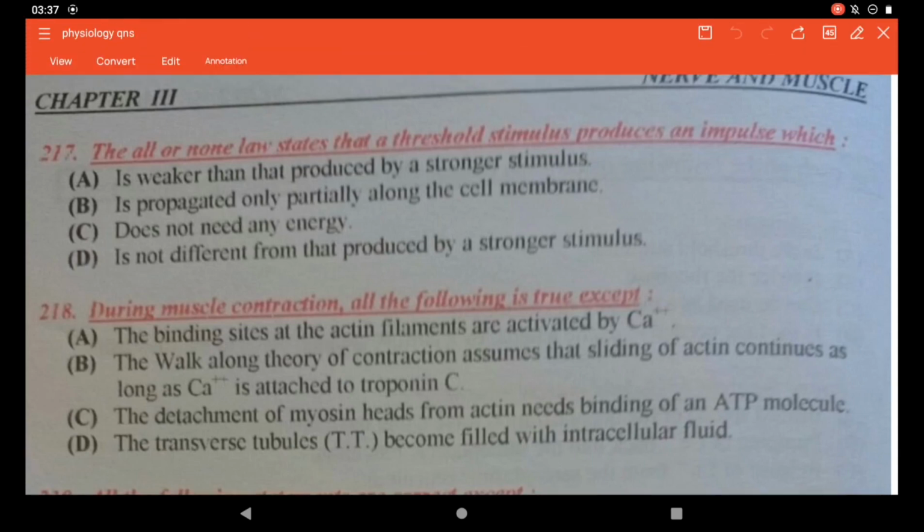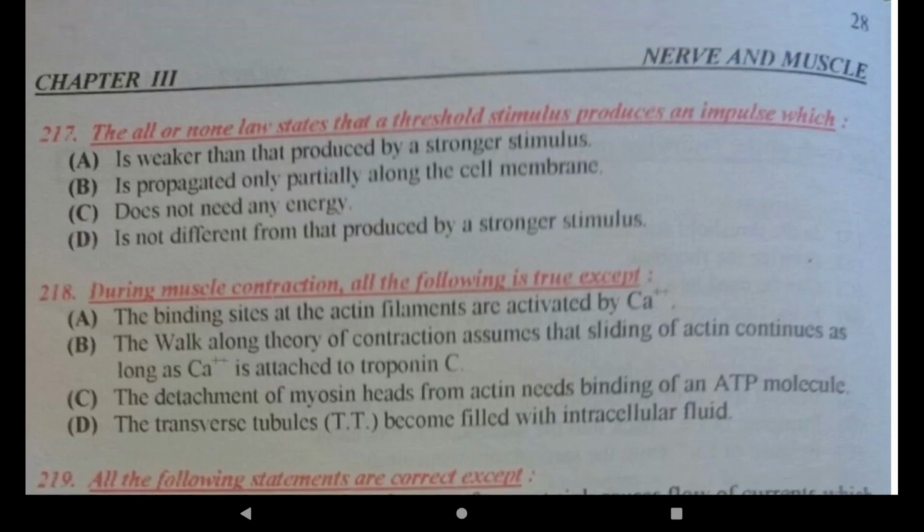But even when you increase the stimulus beyond the threshold value, the action potential size will remain the same. What will change is the interval between action potentials. The interval will be smaller due to the increased strength of the stimulus. The other alternatives are not correct.